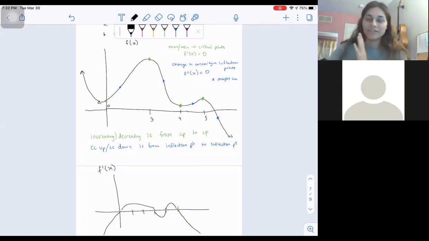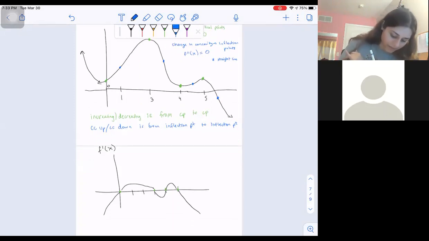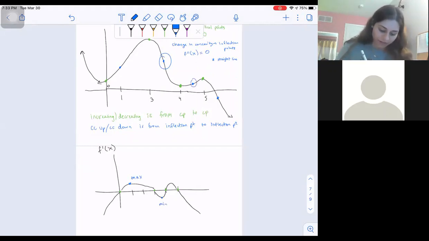So the inflection points in blue on our original graph are actually giving us the minimums and maximums of this derivative graph. So imagine that this blue point is falling at x equals 1. That means right here we have a maximum. And then we have another blue point here, so we have a minimum here. Another blue point between 4 and 5, so we've got a maximum here. And then we'd probably have a minimum down here.